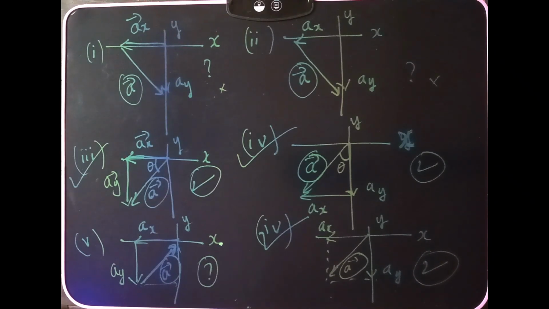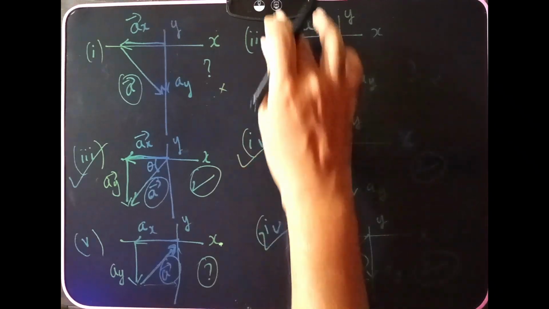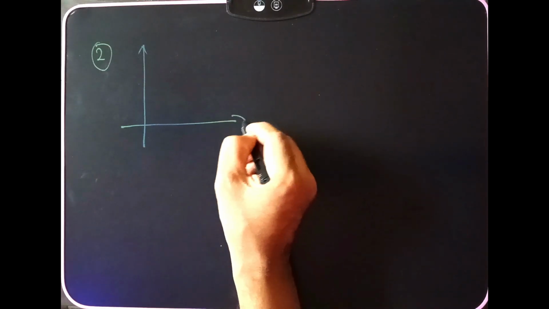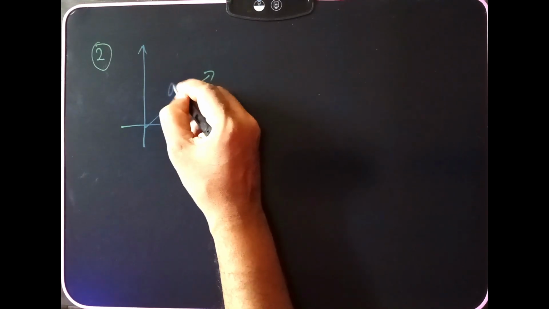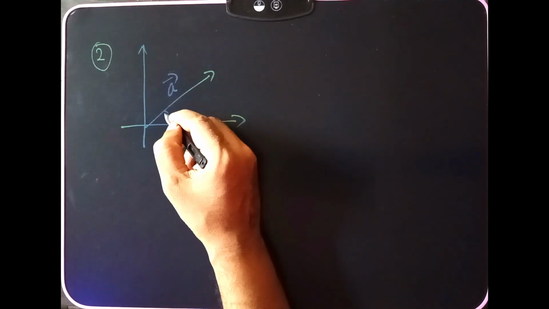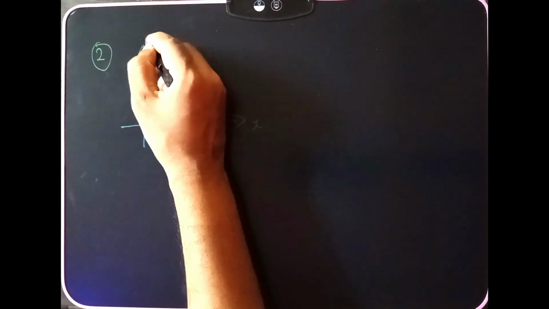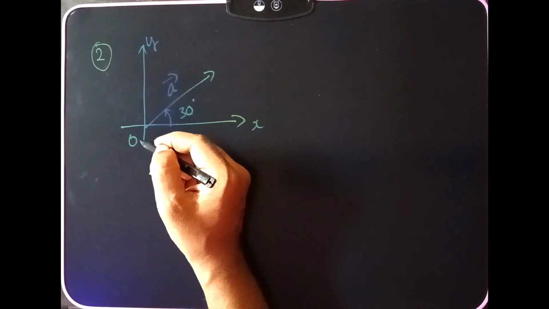Okay, let us go to the next problem. Second problem, we have been given a graph wherein you have a vector A, and this vector is making an angle 30 degrees. Okay, this is x, this is y, starting point 0.